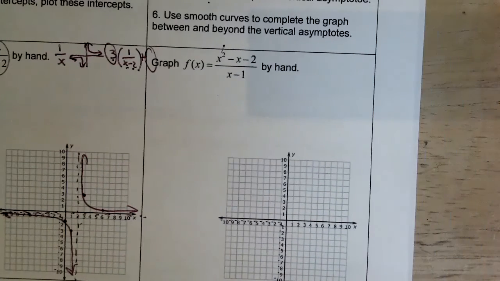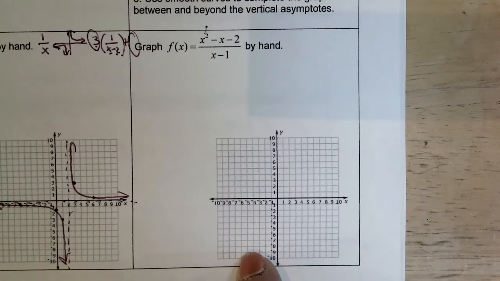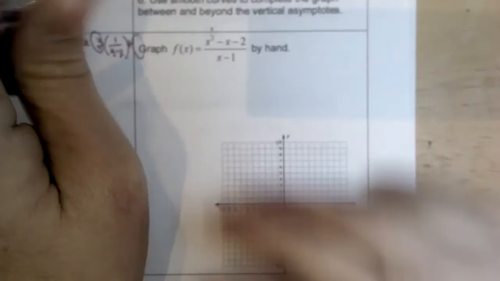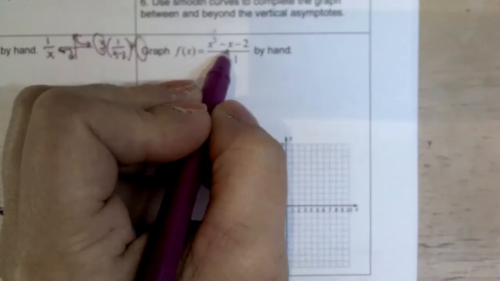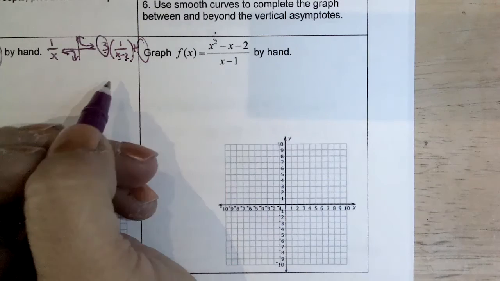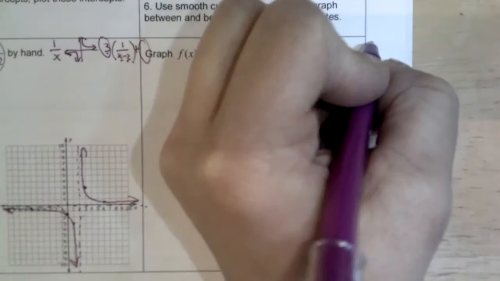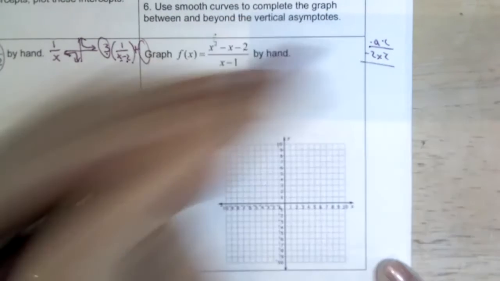All right, so let's take a look at this next one. This next one's a little bit more difficult, because we are going to have to factor the numerator and the denominator. It says graph x squared minus x minus 2 over x minus 1. The first thing I'm going to do is factor, so I'm going to multiply my a times c, and I get -2x squared.